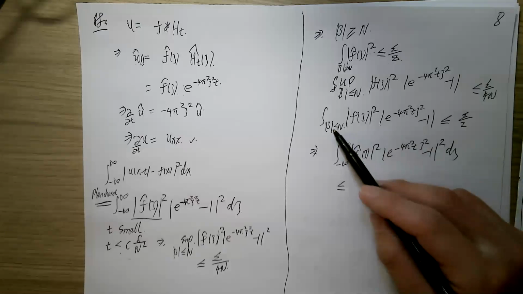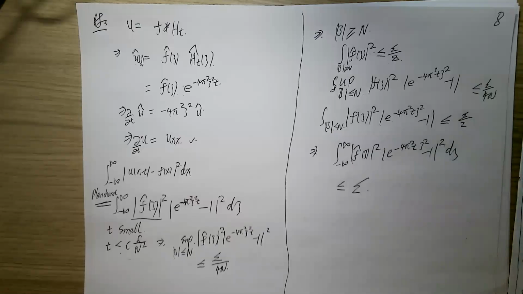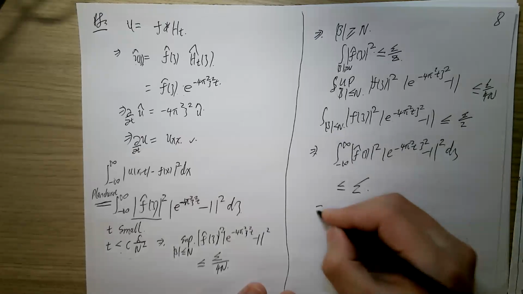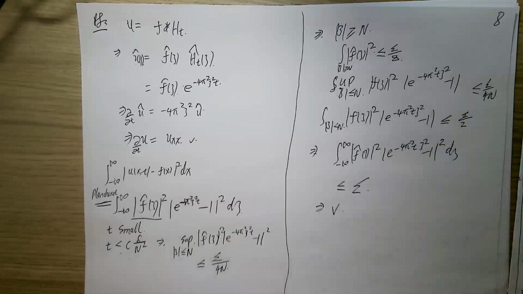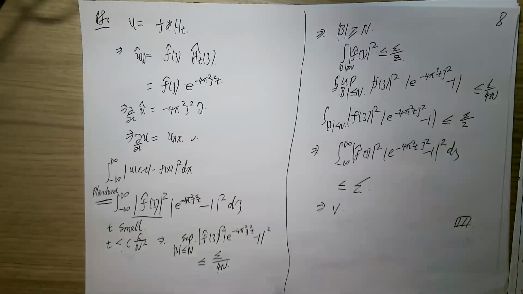And when |xi| is less than N, this integral is less than epsilon over 2. So in total it's less than or equal to epsilon. So you get what you want: it will tend to 0 globally. Any questions?